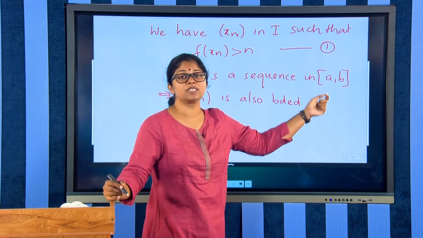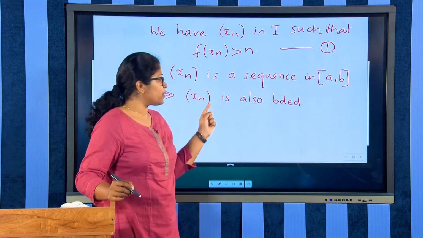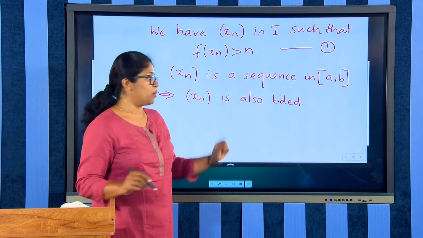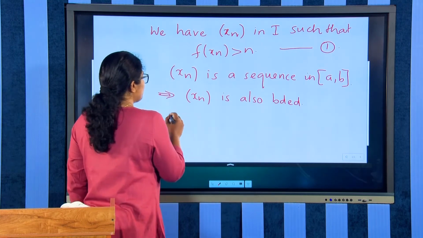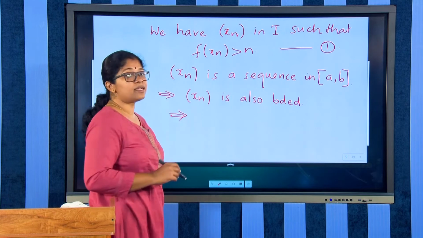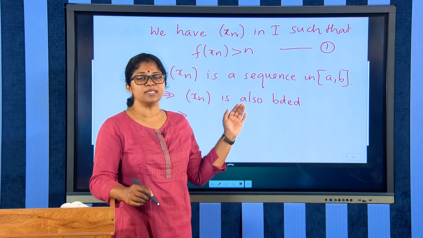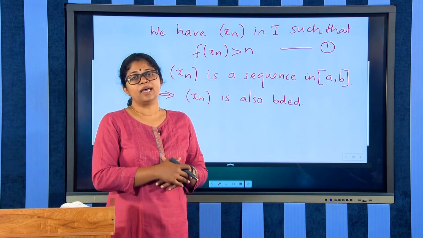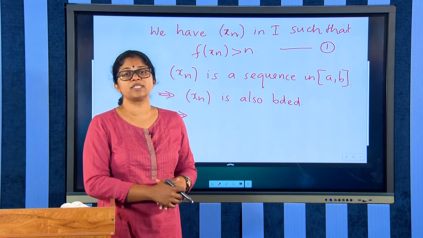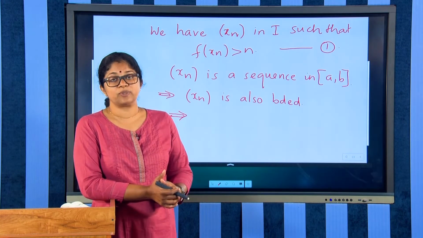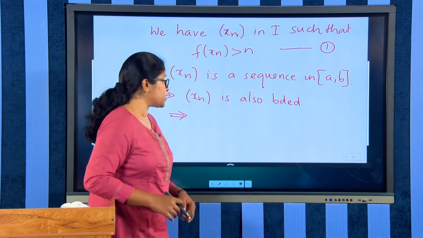We have learned a result that every bounded sequence has a convergent subsequence, which is called the Bolzano-Weierstrass theorem.